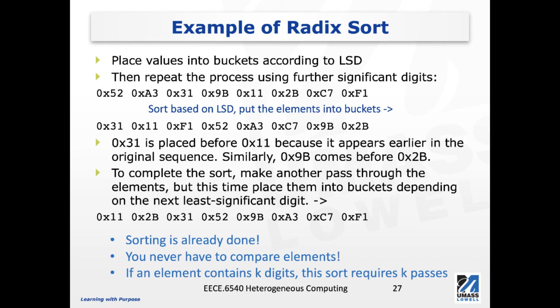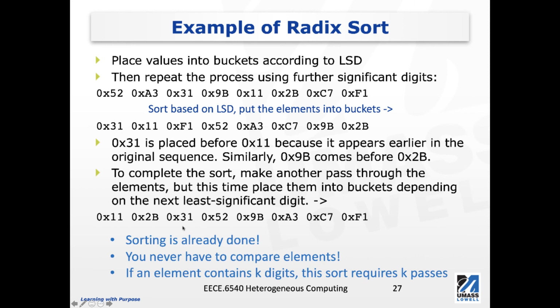So this 2b will be put into the second bucket. And we move on, and we now find that 3 is the only one with 3 on the most significant digit. So this 31 will be put into the third bucket, and so on.